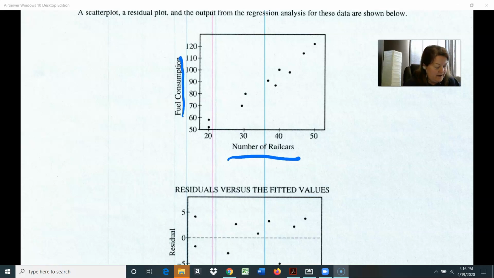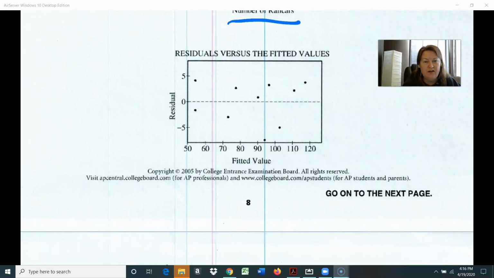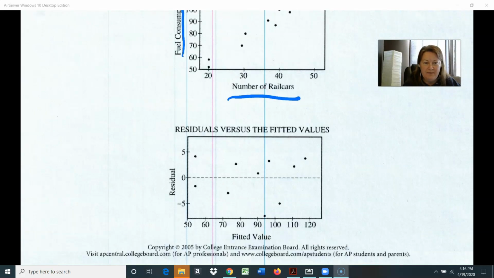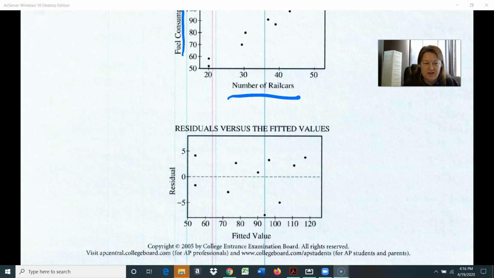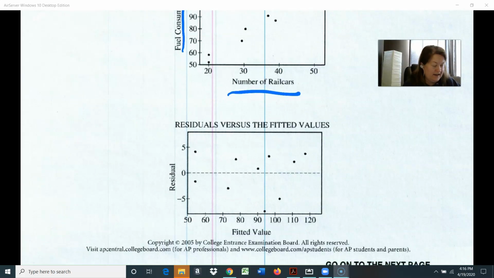That scatter plot, if I had to look at it, I would say is positive linear, pretty strong, right? That's the form I'm looking at. And then the residual plot, oh, look at that. The x's are the same? No, the x's have been changed somehow. We're starting at 50 and going up to 120. That's going to be interesting.